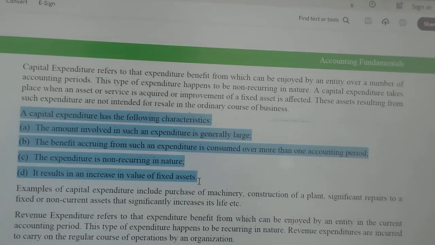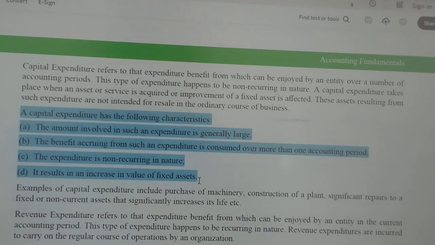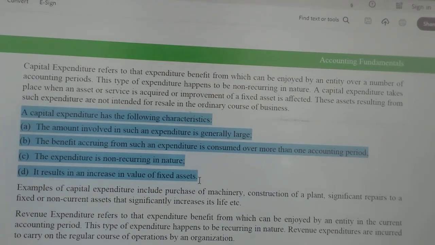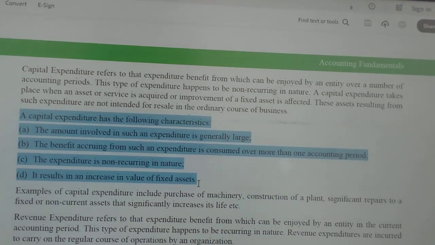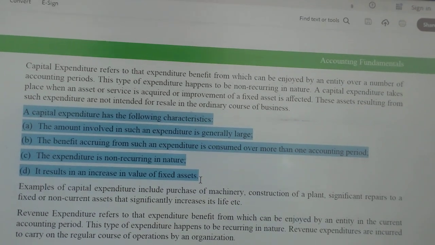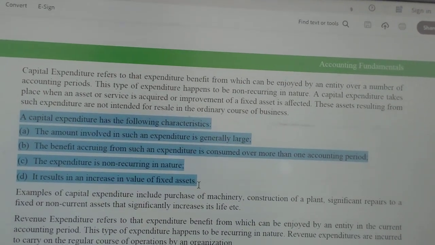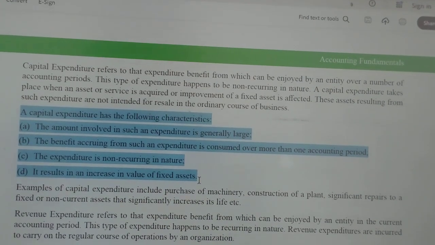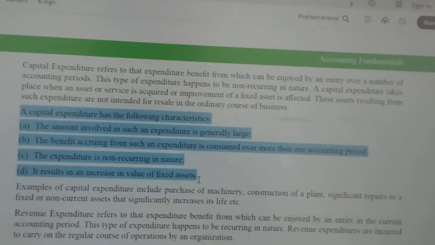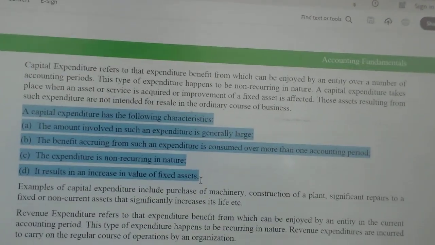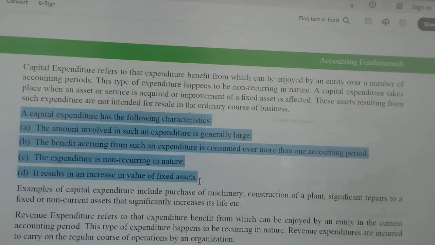As I already said, the benefit derived from these expenses lasts for more than one accounting year, say 2 years, 3 years, 4 years, 25 years. Third, the expenditure is non-recurring in nature. It is not recurring every time.